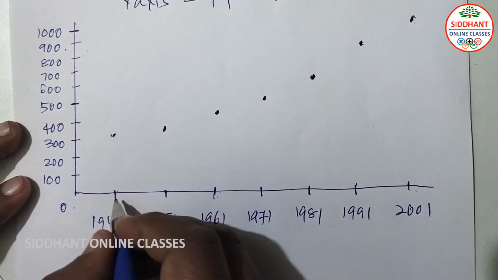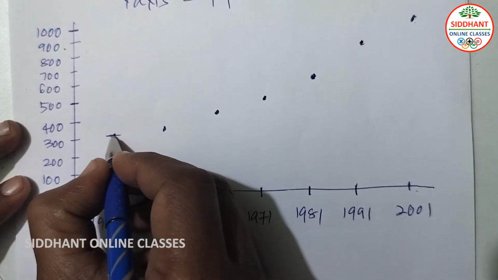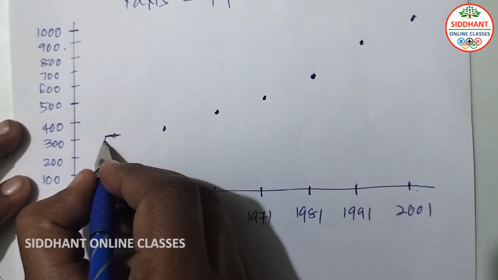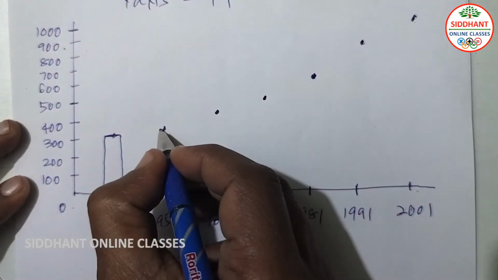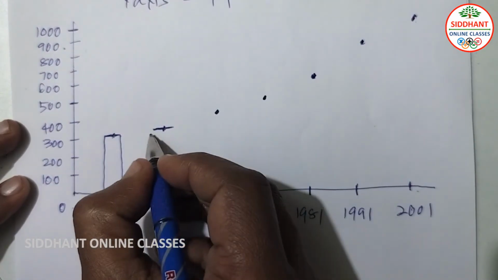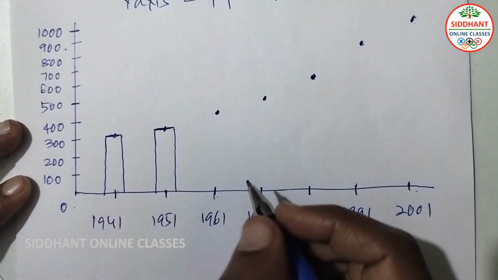So now we are going to draw the bar diagrams. The bar diagram shape will be in this way, so here we keep the bar with 1 centimeter thickness.